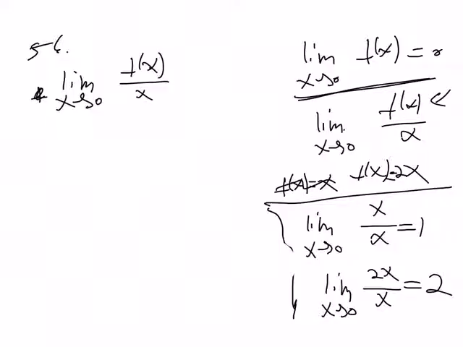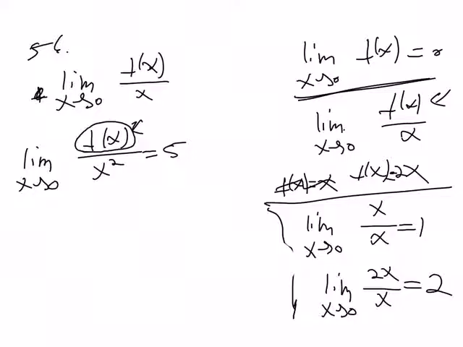Because we know that the limit as x approaches 0 of f of x over x squared is equal to 5, we know that f of x is going to 0 almost as quickly as x squared is going to 0. It's actually going to 0 a little faster; that's why we get a 5.